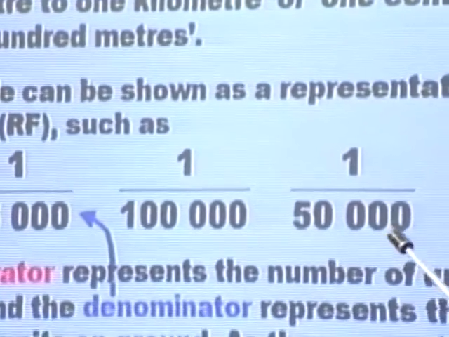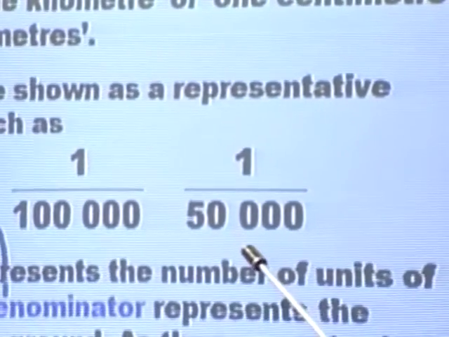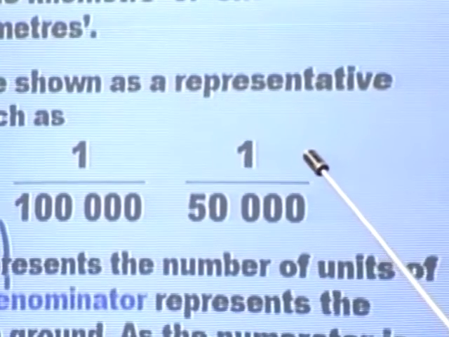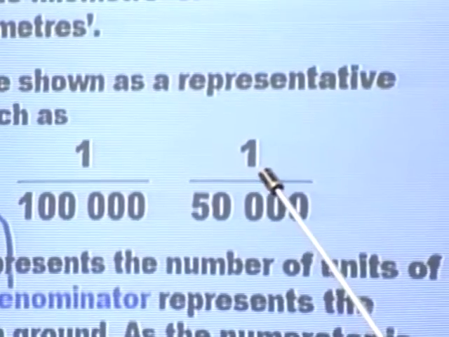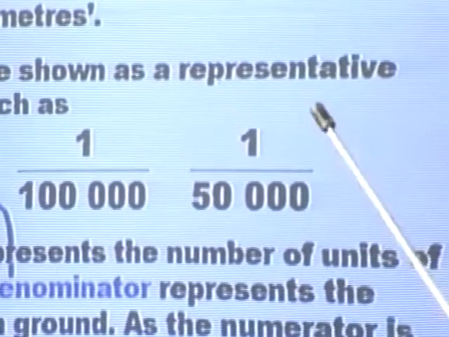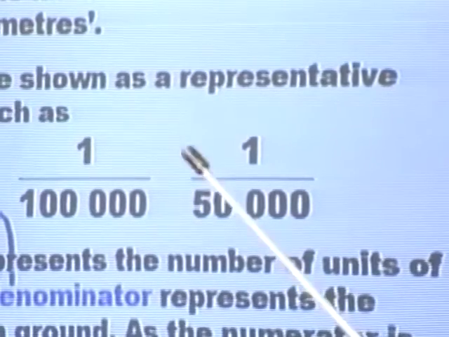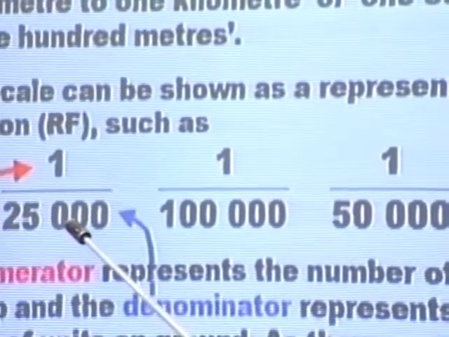Similarly, if it is a representative fraction of 1 over 50,000, it means 1 centimeter on the map represents 50,000 centimeters on the ground. And that is what the representative fraction is supposed to show us.